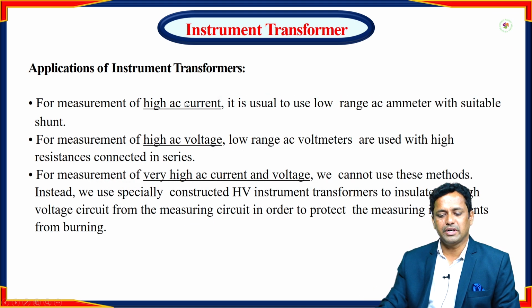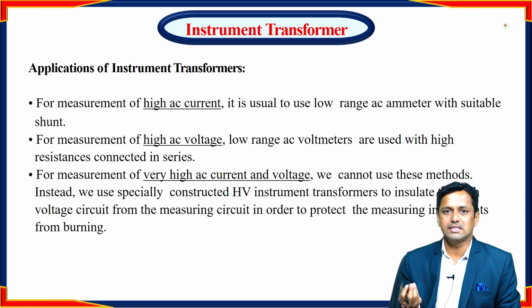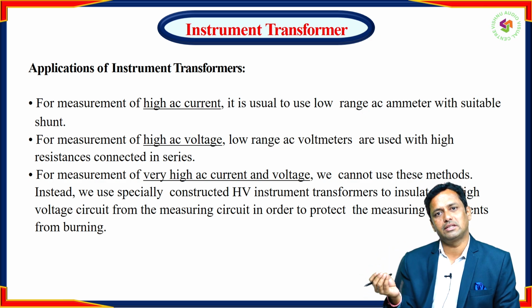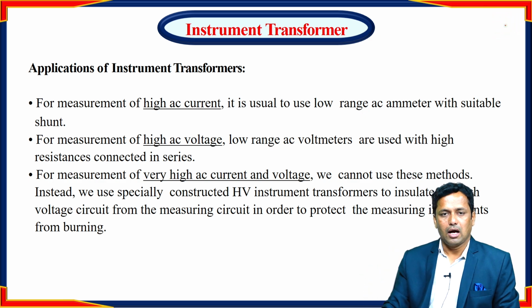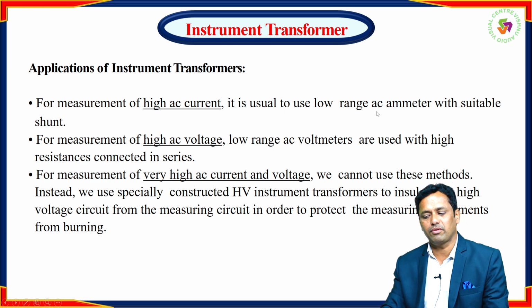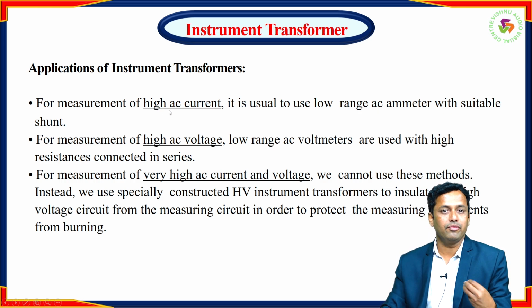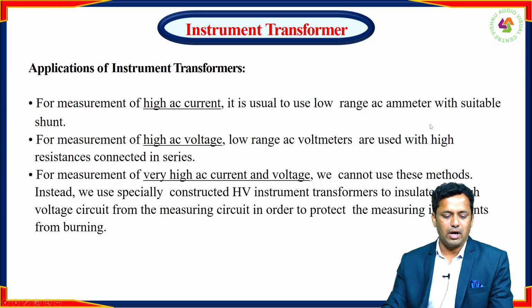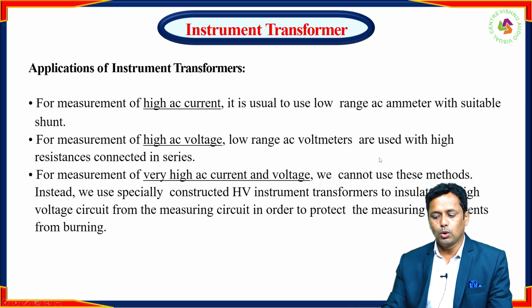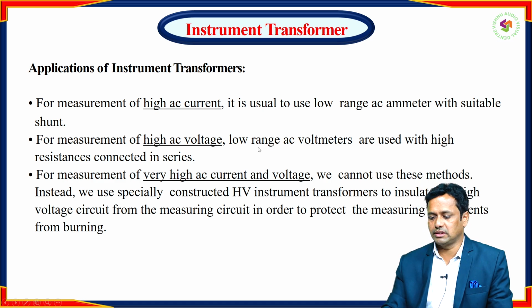Applications of instrument transformers: to measure high AC current and high AC voltage. With current transformers, we measure high AC current, usually using a low-range ammeter with suitable shunt coils. With voltage measurement, we measure high AC voltages using low-range AC voltmeters, and in this case a high resistance is connected in series.